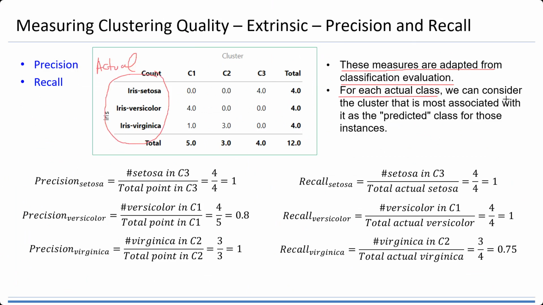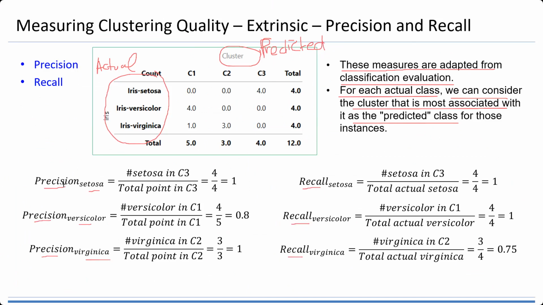We can consider the cluster that is most associated with it as the predicted cluster. So the cluster is the prediction, the predicted class. Then you can calculate the precision and the recall for each of the flowers.